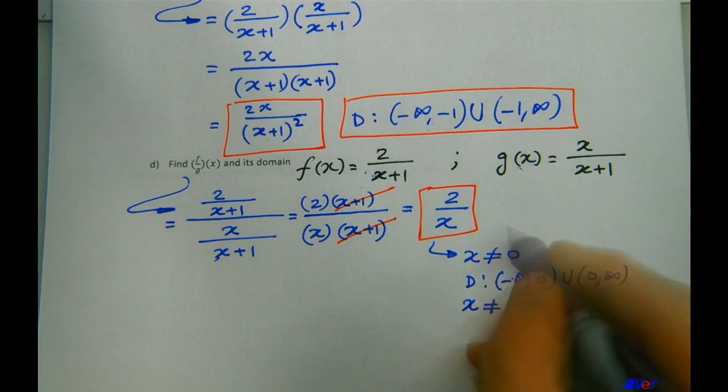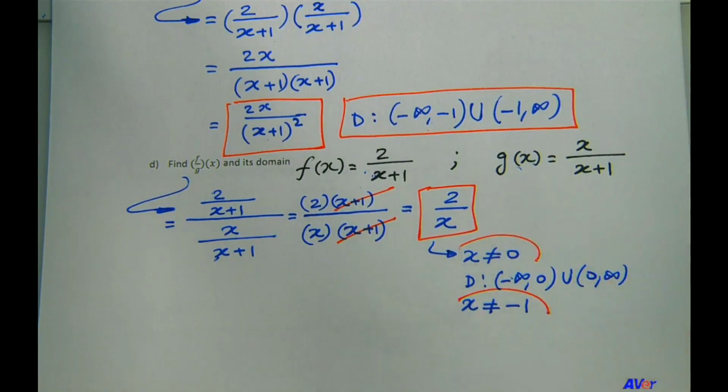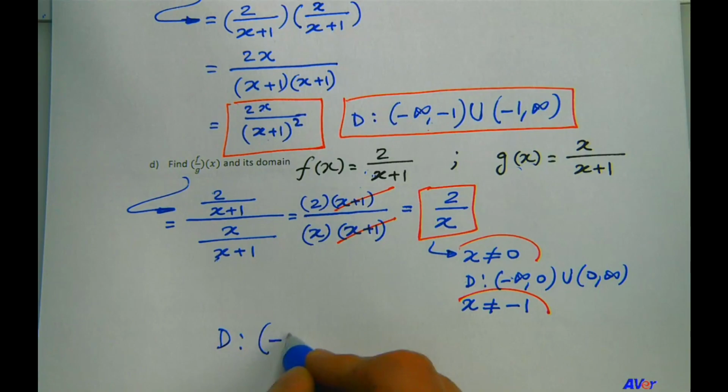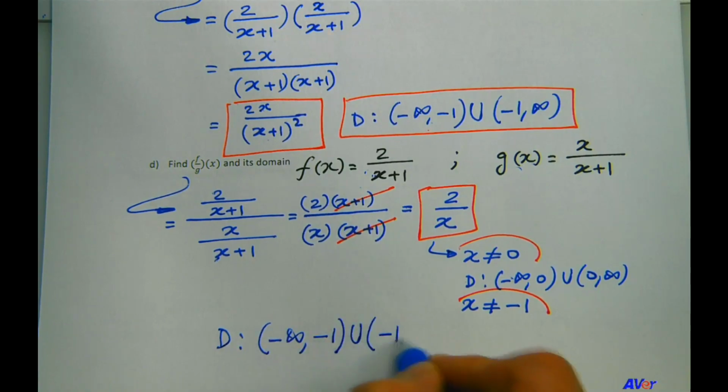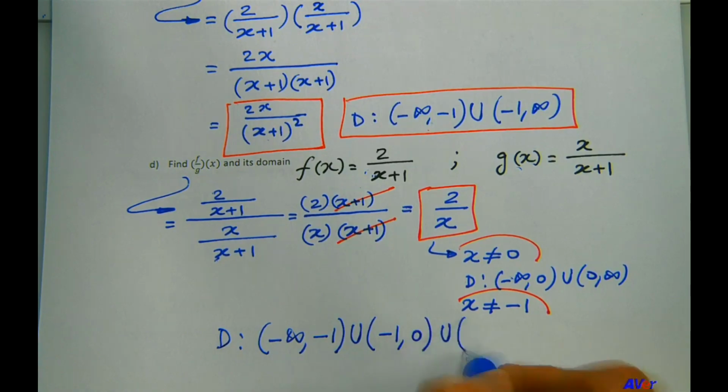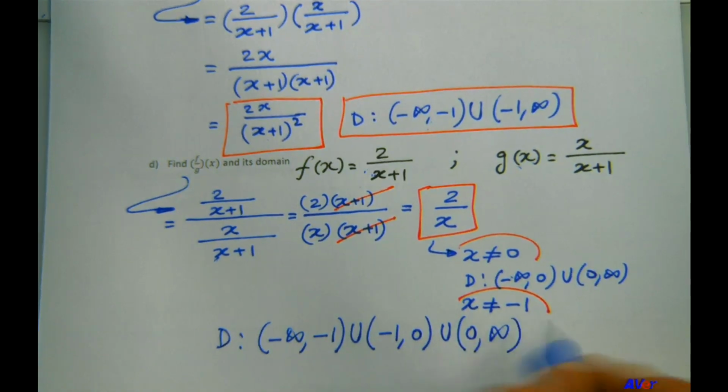So we need to exclude those two from the domain of the combined function. Therefore, the domain of the combined function is negative infinity to negative 1, union negative 1 to 0, union 0 to infinity.